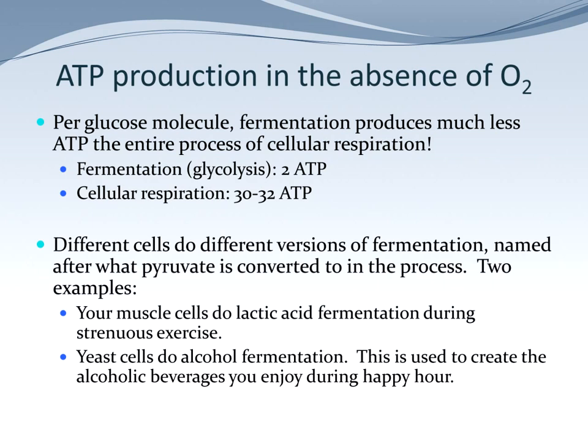One type of fermentation is called lactic acid fermentation, which is what your muscle cells do during strenuous exercise. Yeast cells do another type of fermentation called alcohol fermentation. Both of these types of fermentation allow cells to keep making ATP when glucose is available but oxygen gas is absent by repeating glycolysis.